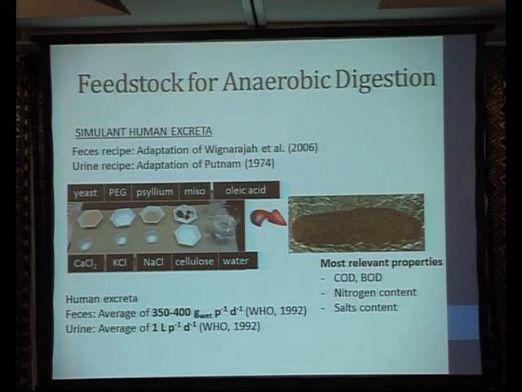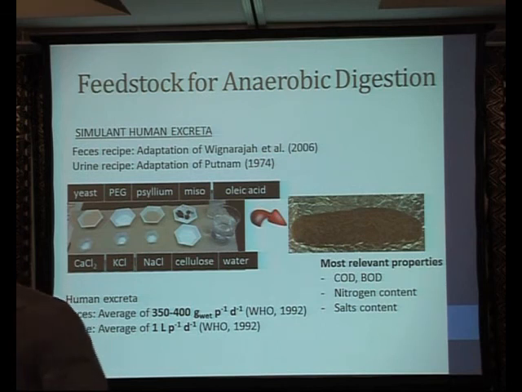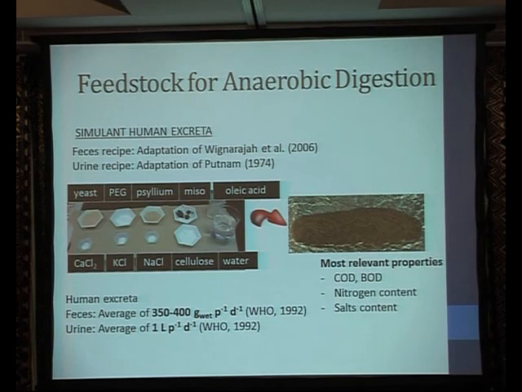And it's always a big kick with the students. What's very important to have is not so much the rheological properties, but really have the right BOD, the right biodegradable matter in that synthetic feces, and the right nutrient and nitrogen content in particular.